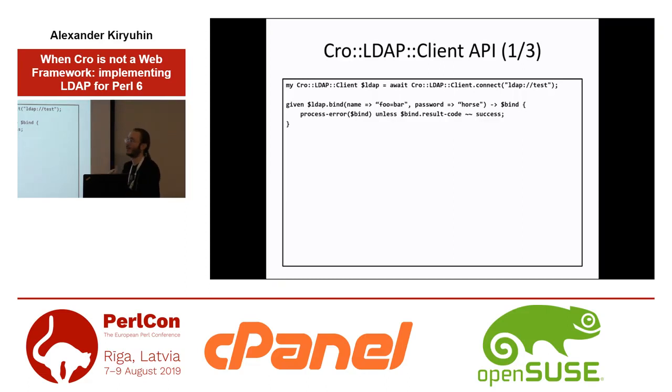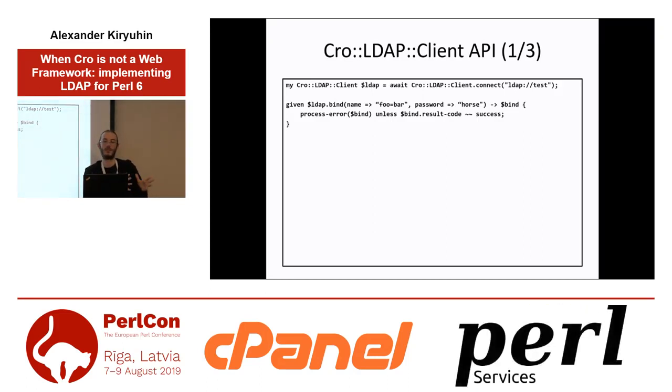Do we have rights to modify, to add things? So we bind to our server with some name, with some password, of course, and it is a synchronous operation. Actually, it doesn't return a promise, so it is blocking. It is one of a very small subset of LDAP operations that are blocking. Almost every other operation is concurrent.